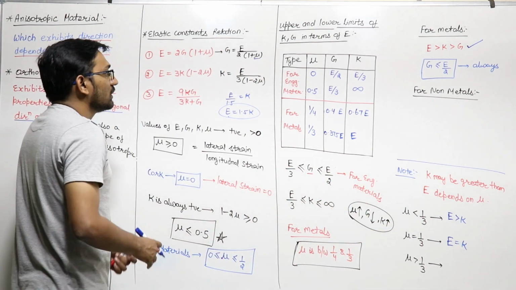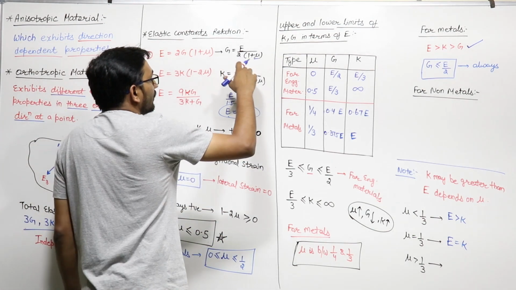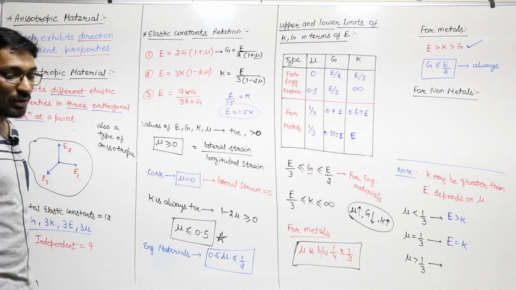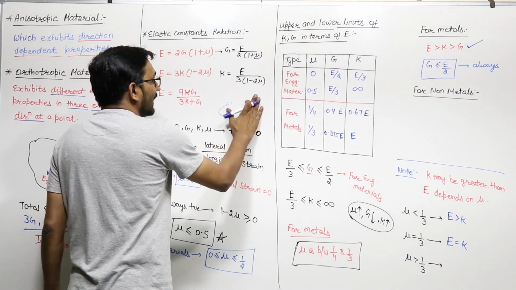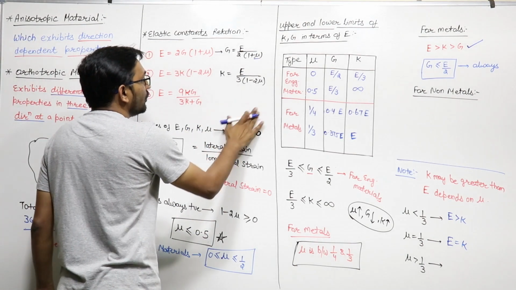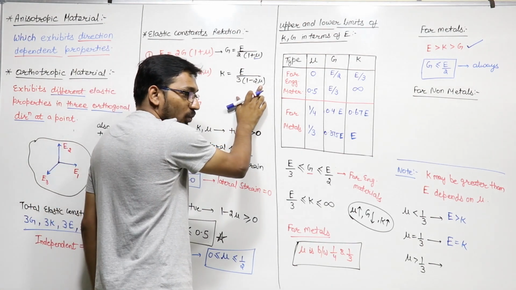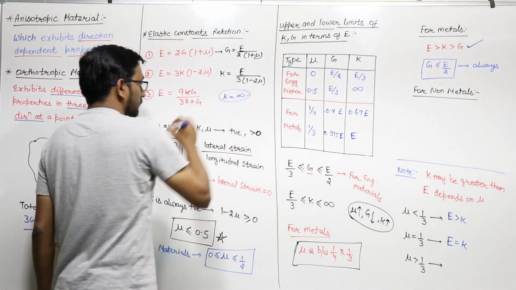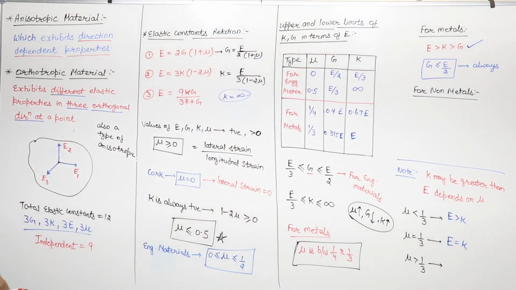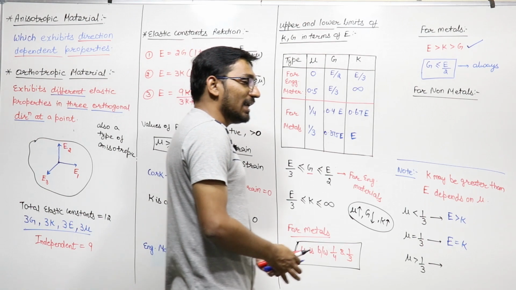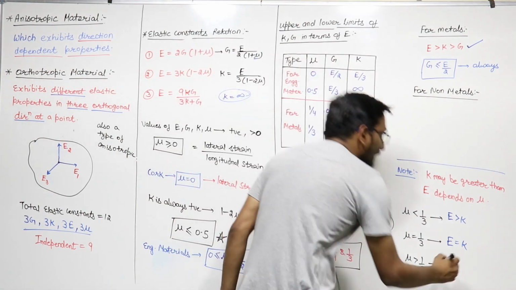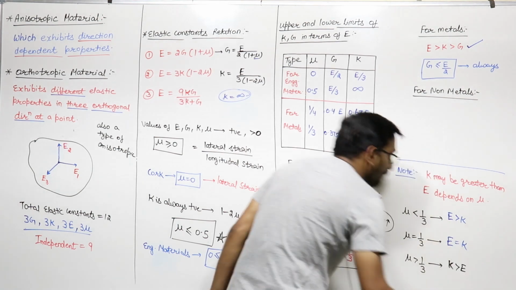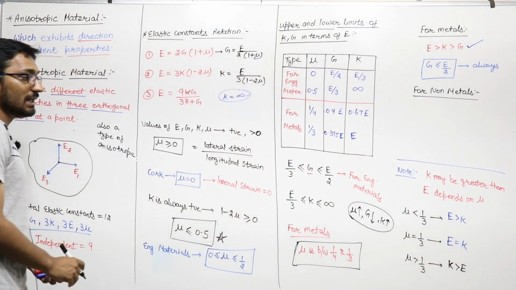If I put the value of mu greater than 1 by 3, let us suppose mu is equal to 1 by 2, in that case K will be infinity. So at a value of mu greater than 1 by 3, your K is greater than E.